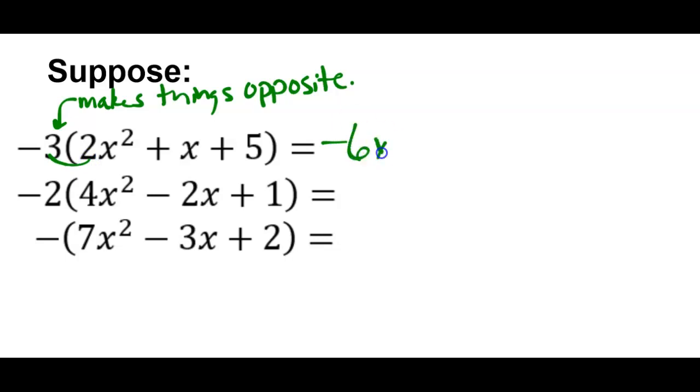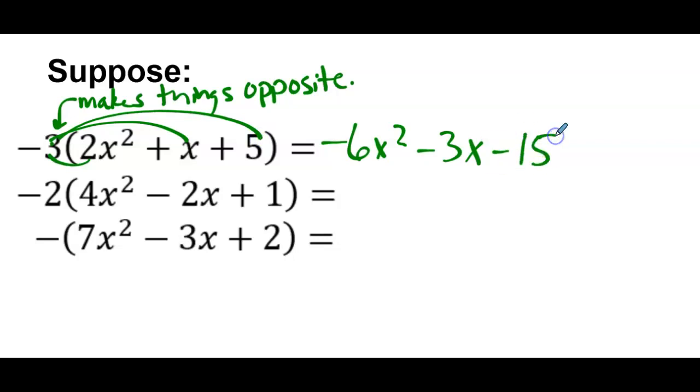Negative 6x squared. And my negative 3 is going to change this x to negative 3x. And then this negative 3 is going to change this 5 to minus 15. So you'll notice that the sign of all three of these changed. They also went up by 3, right?